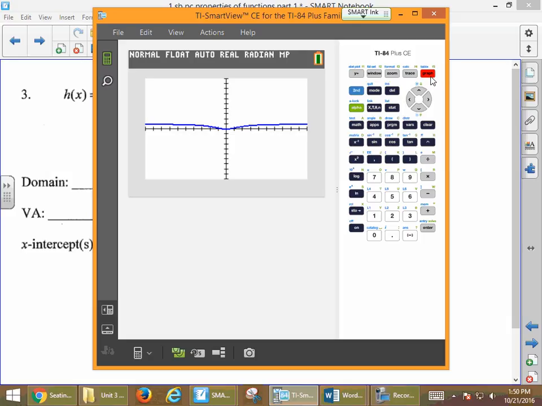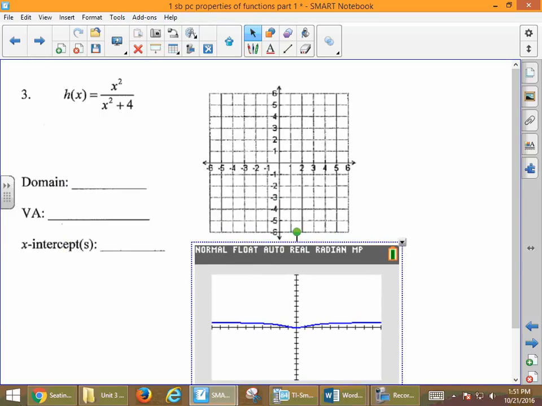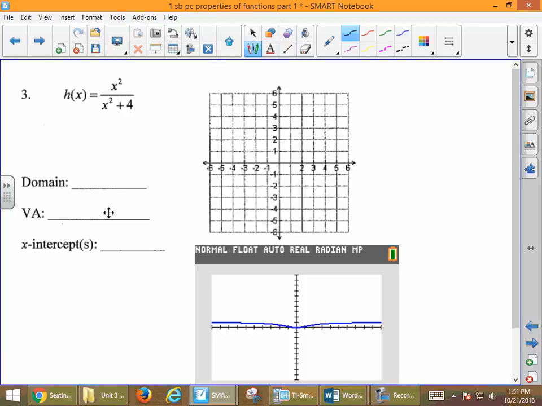And the difference between this problem and the last problem is that we can graph this function without lifting our pencil. There's a picture.